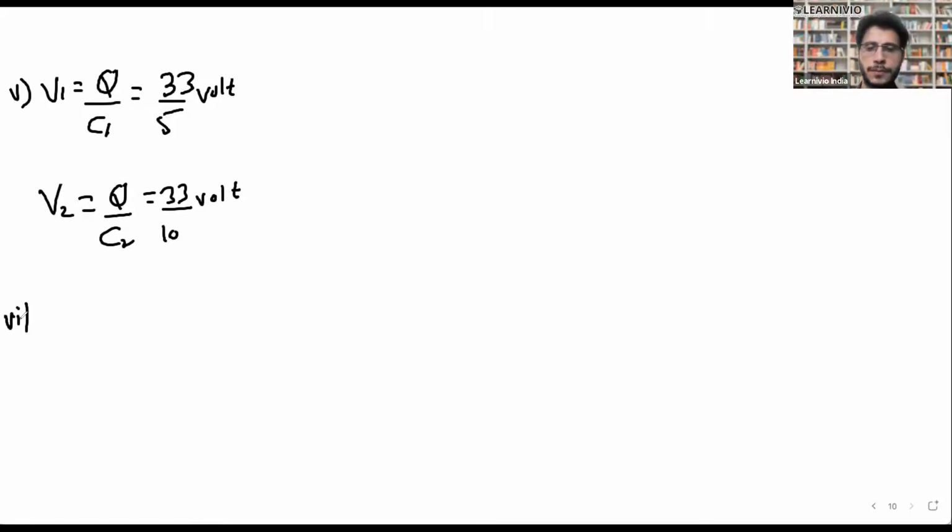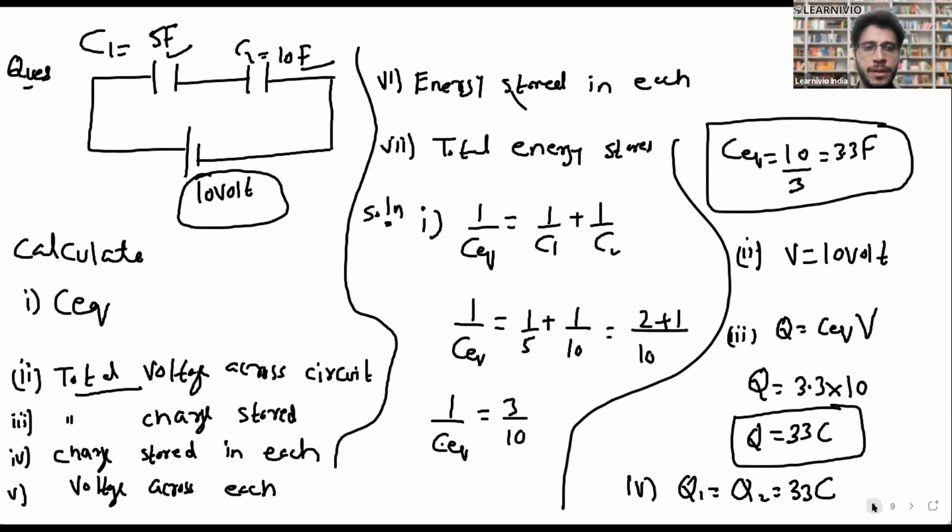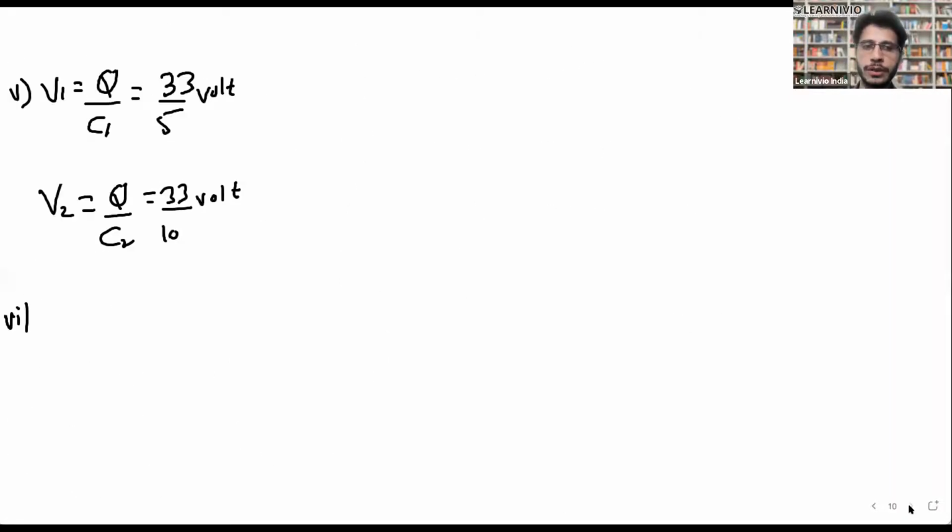6. Next, after voltage across each capacitor, we need energy stored in each capacitor. So energy stored in first capacitor is half Q square divided by C1.